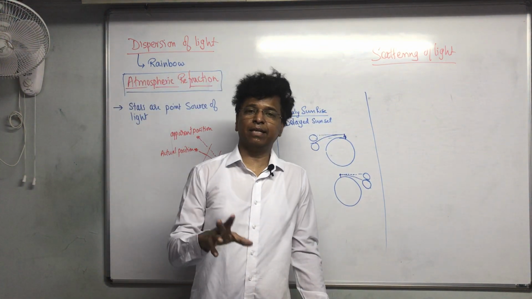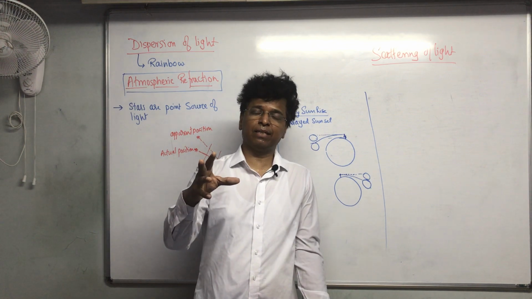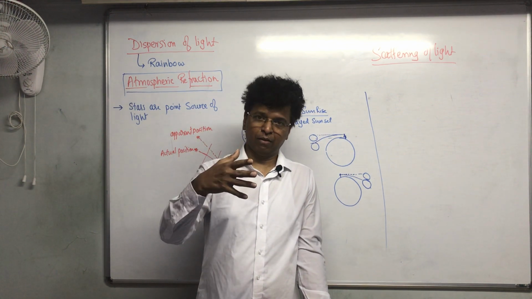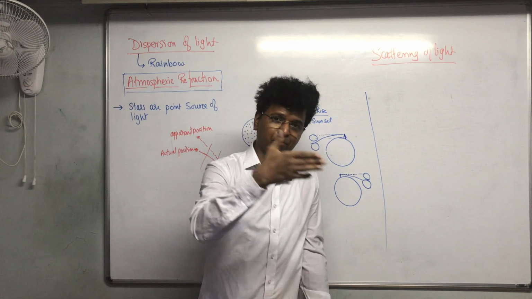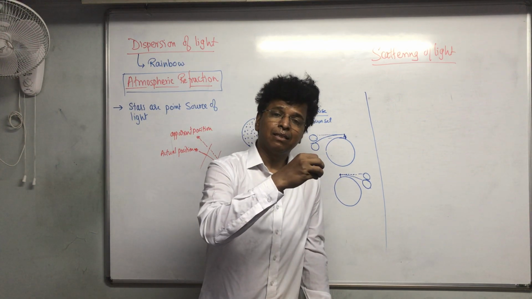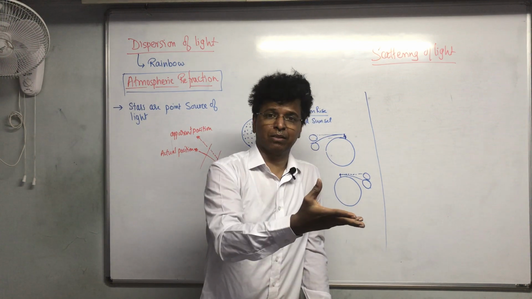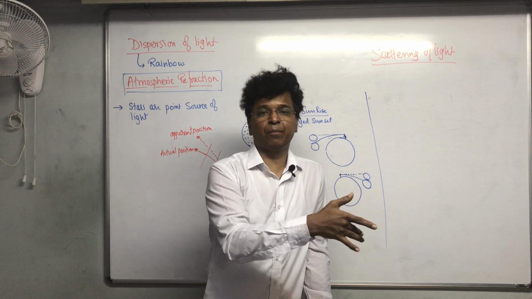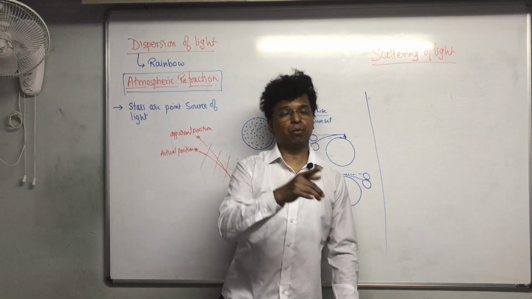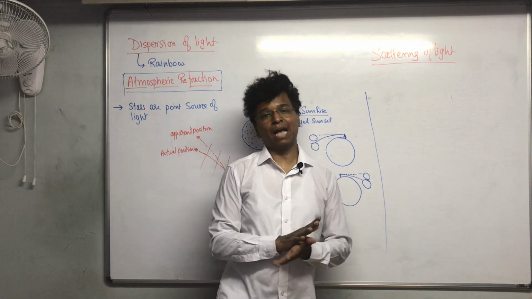Dispersion of light is the phenomenon where white light incident on a prism disperses into its constituent colors. This phenomenon is called dispersion of light. Why does it happen?